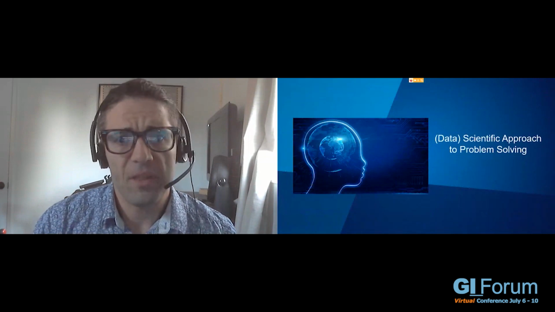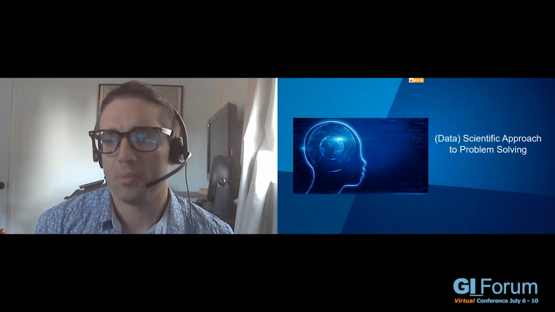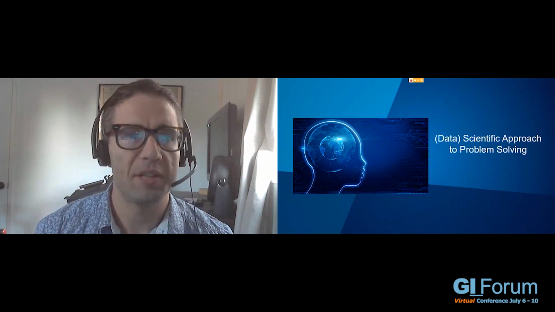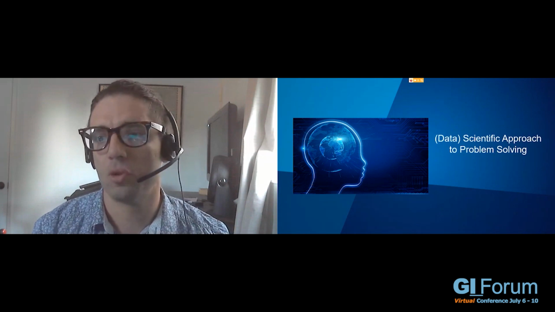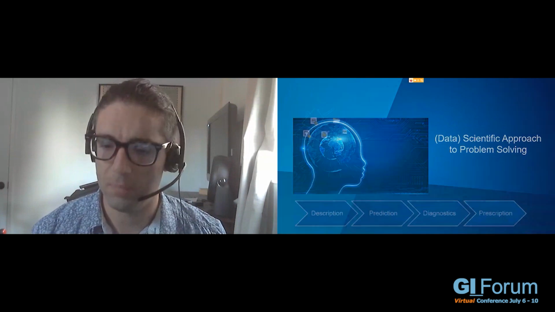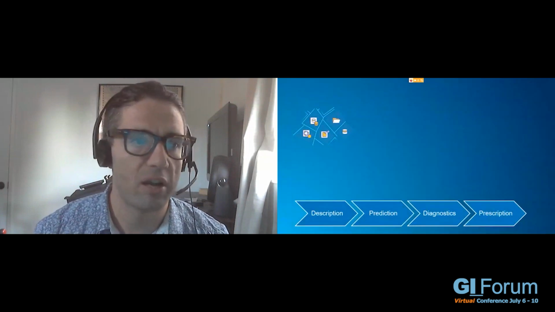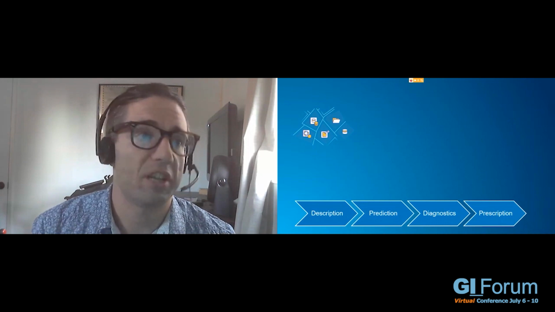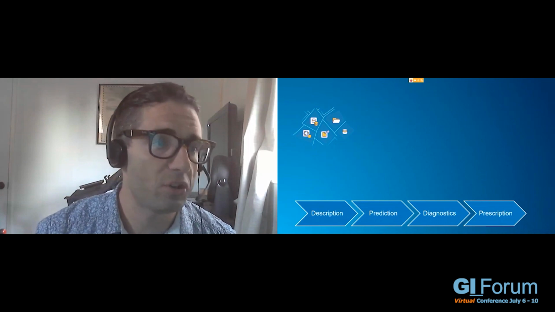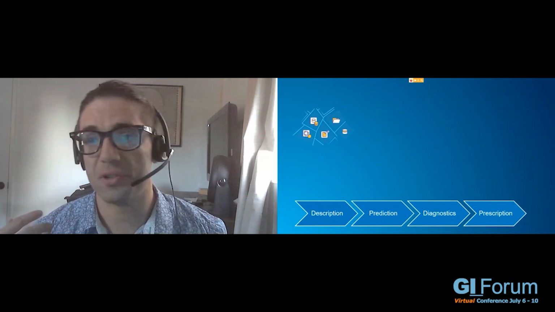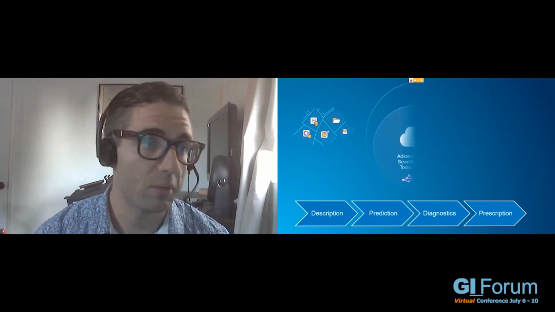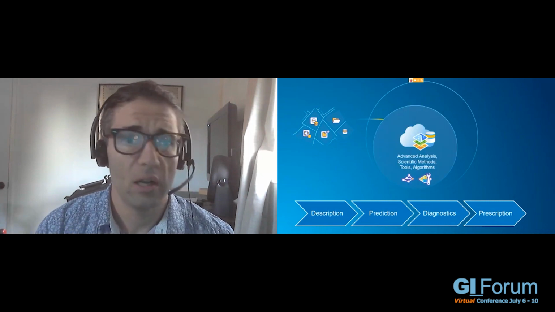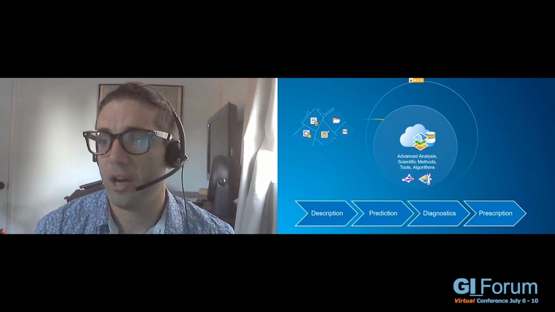And when we think about the data scientific approach to problem solving, this is not going to be different than any of you solving a problem on your own. But just to lay out this workflow, we always have the description of a problem and collection of data sources. And for spatial data science, these data sources are going to be spatial and spatiotemporal. And then we have analytical methods.